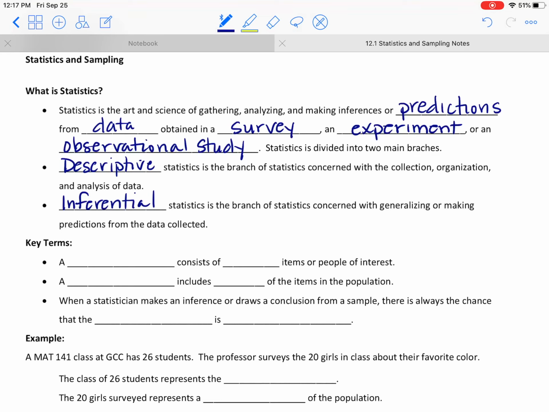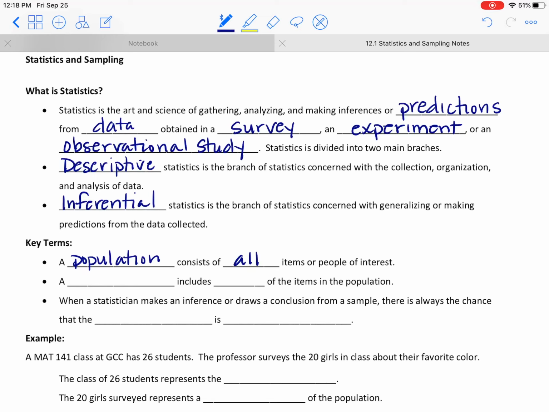So some key terms in statistics. A population is going to be the name for all of the people or the entire group of people that we're interested in studying. So it consists of all items or people of interest. So whatever our topic is that we're trying to collect statistics on, everyone that's involved in that topic would be referred to as the population.